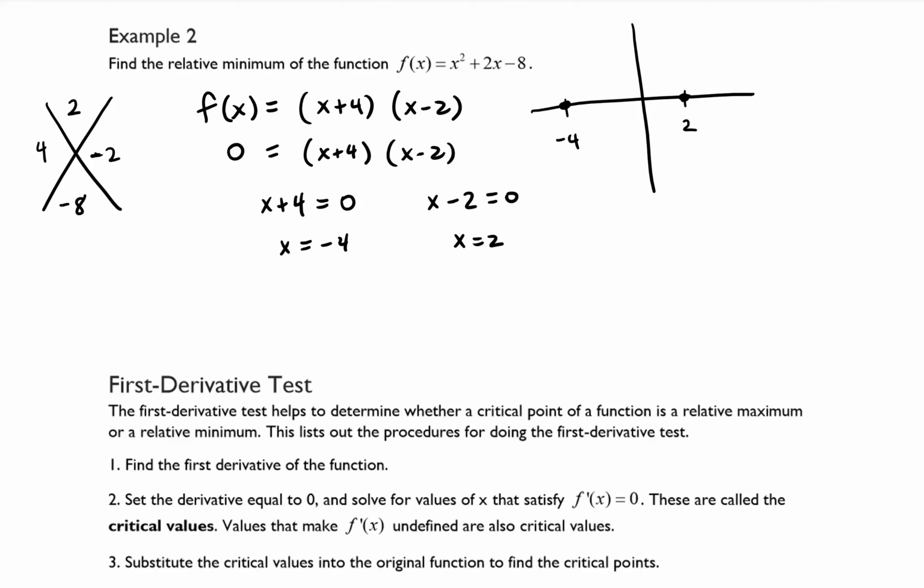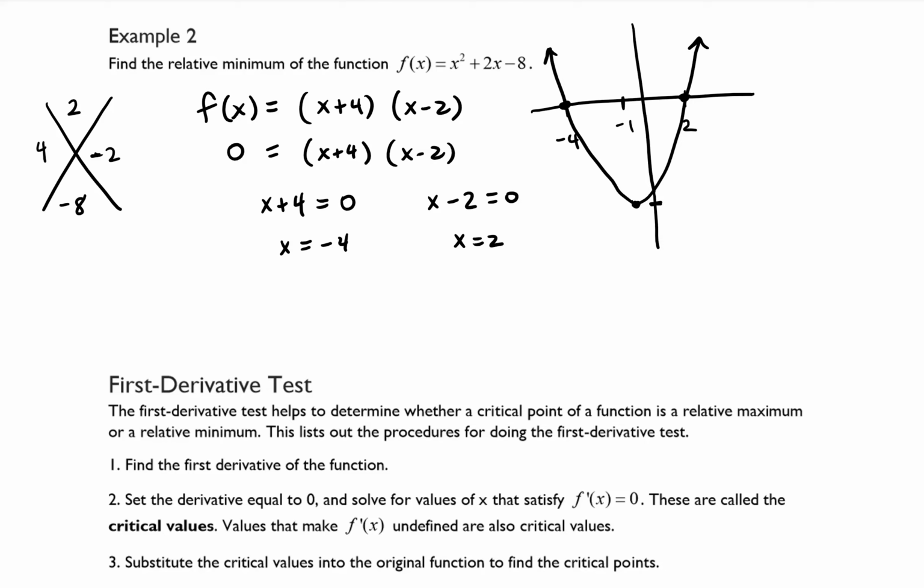And the number that lies exactly halfway between negative 4 and 2 is negative 1. So that means that our vertex is going to be down here somewhere, and the graph of our function is going to look something like that.